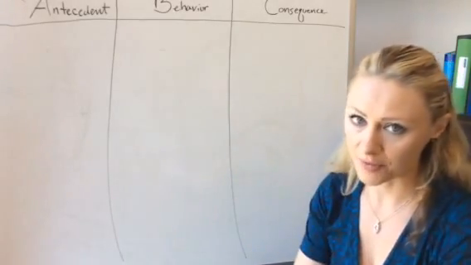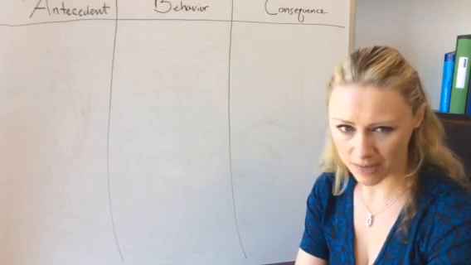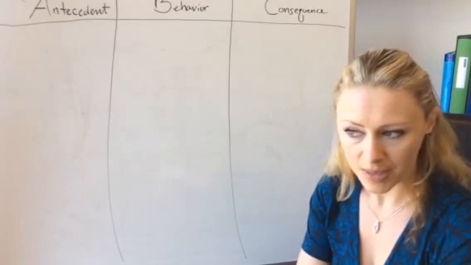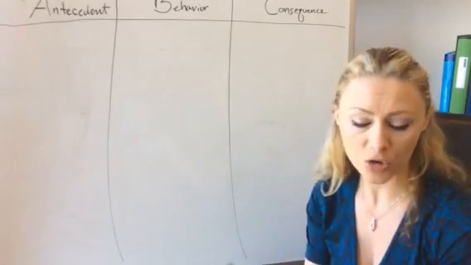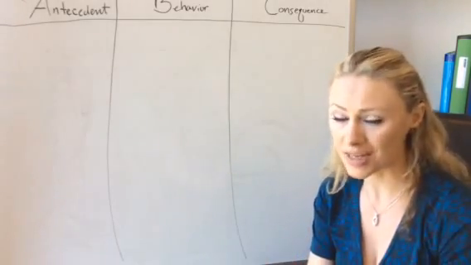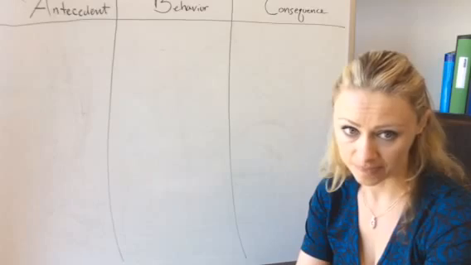And let's go on to behavior. We've talked about behavior before, and the fact that a behavior can be defined as any observable and measurable movement or activity a person does.